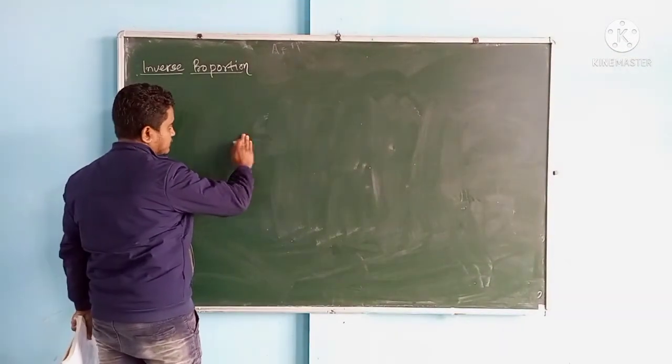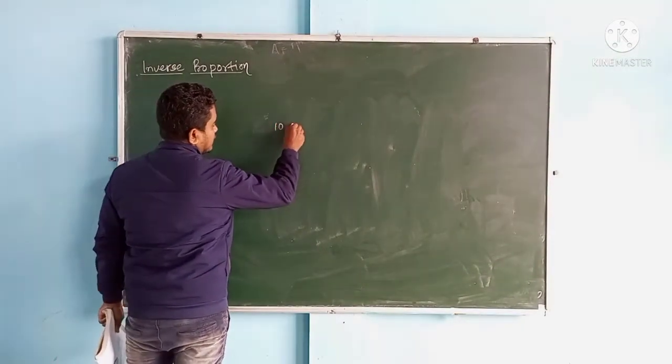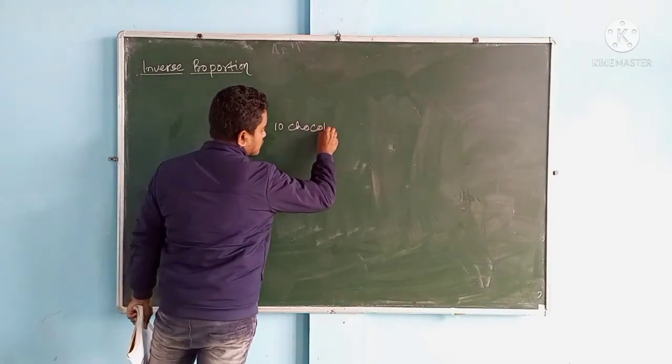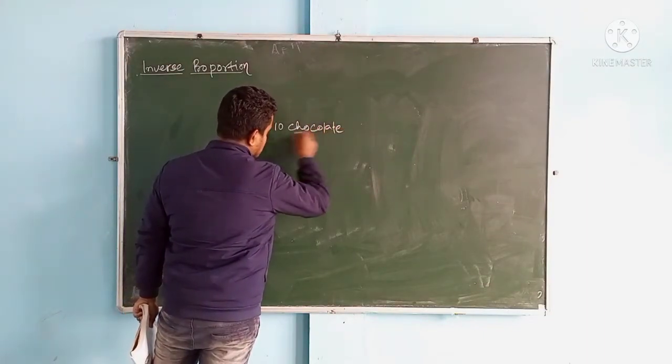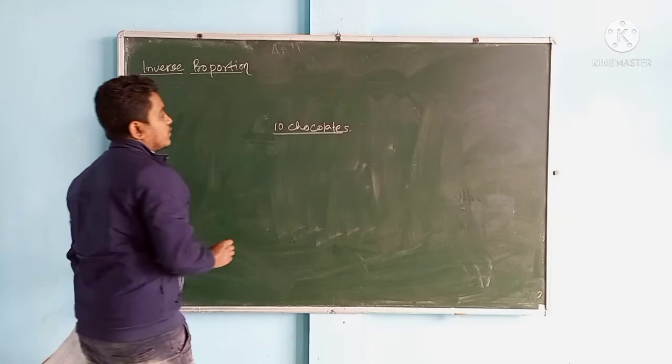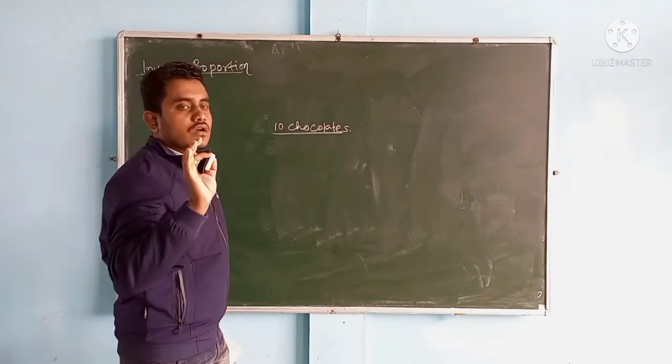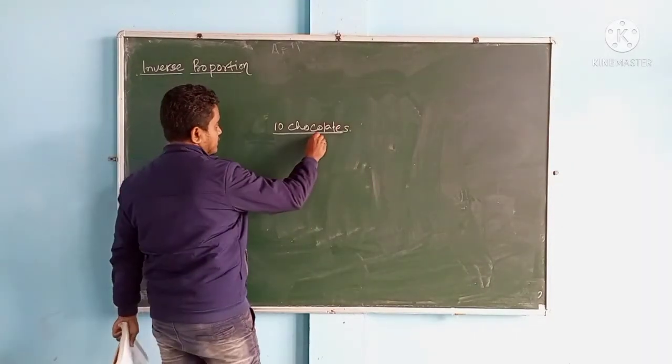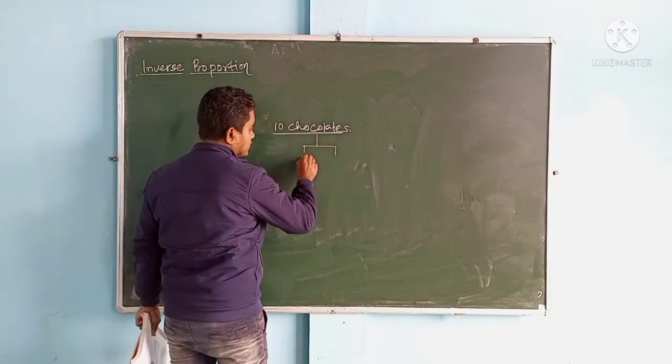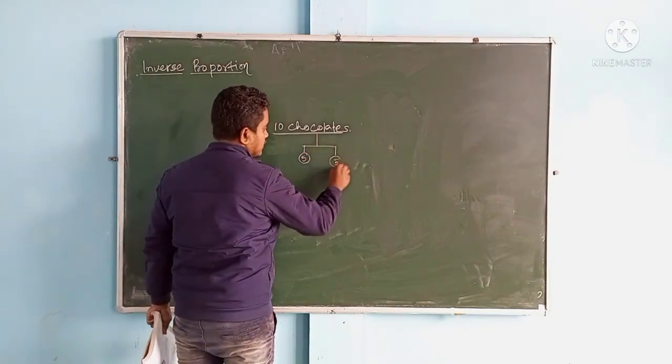You have 10 chocolates and you are going to distribute them between two friends. Then each one will get 5 chocolates.